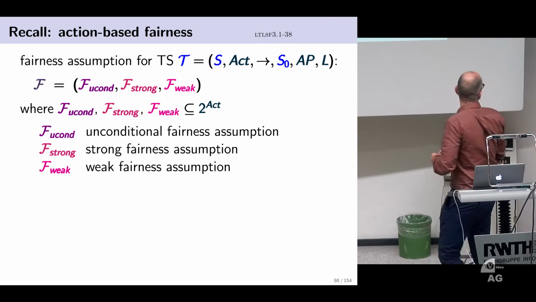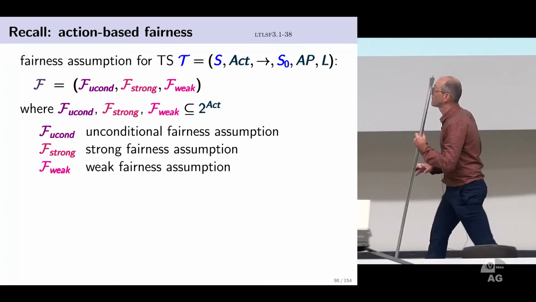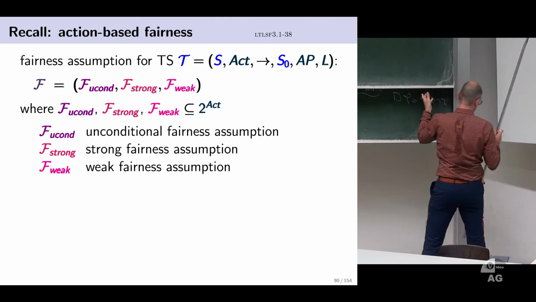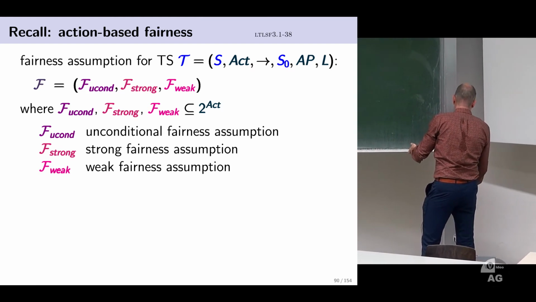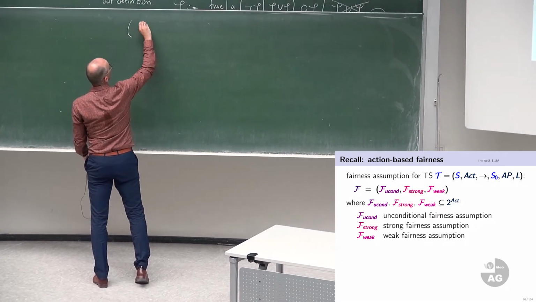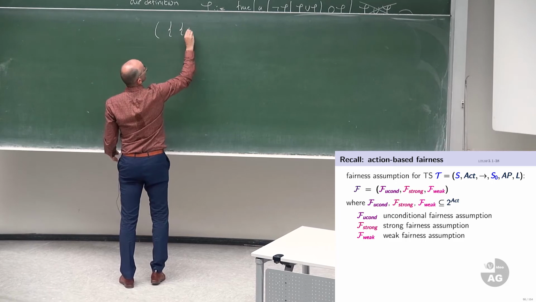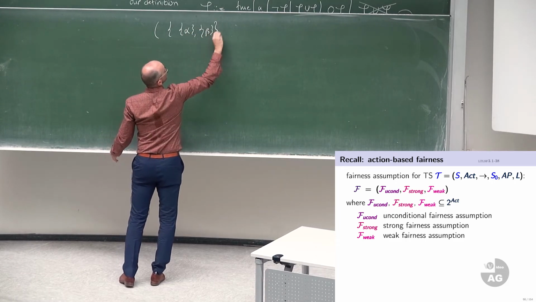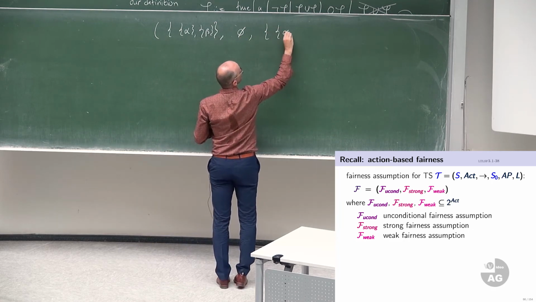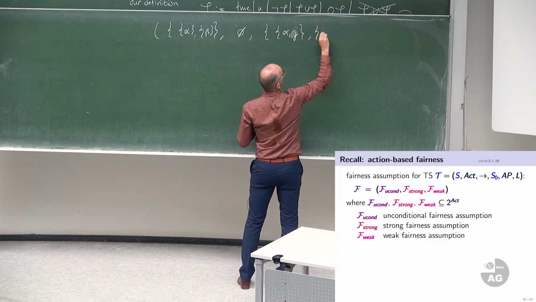So for instance, if the fairness assumption F is something like a set that says alpha, beta, and then we have another one which is maybe empty, and then we have the last one where we say it's alpha, gamma, and maybe delta.